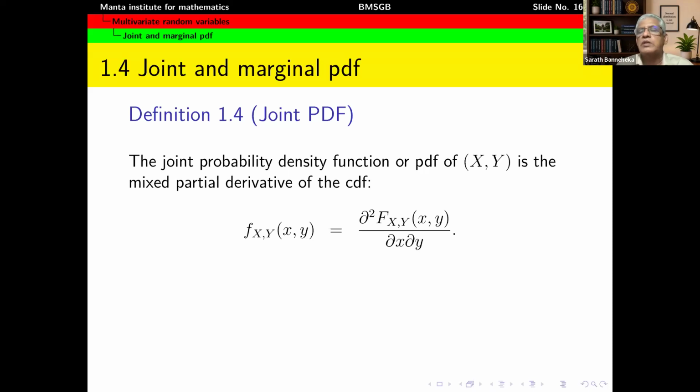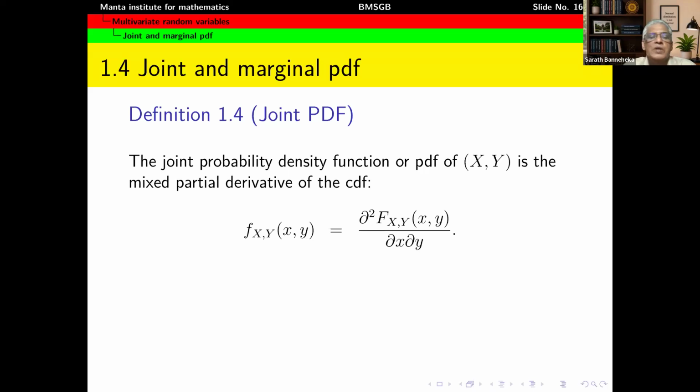And there, instead of a mass function, we define the density function, as the derivative of the cumulative distribution function. The same idea comes here. We cannot have a joint probability mass function for two continuous random variables.